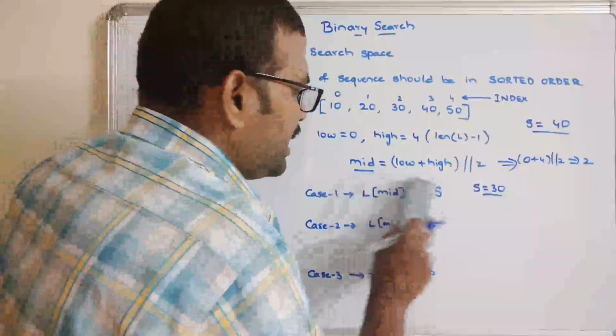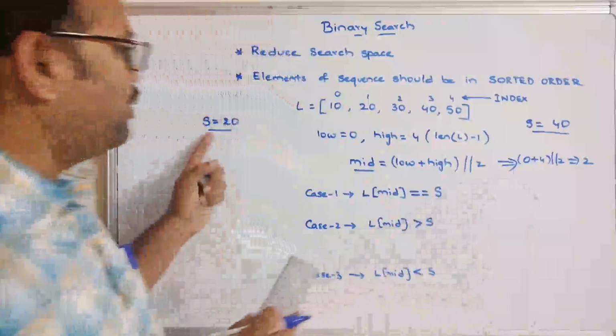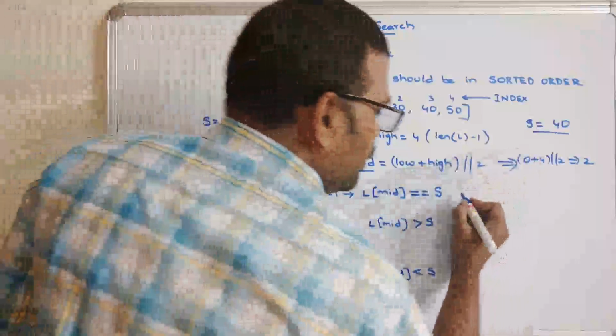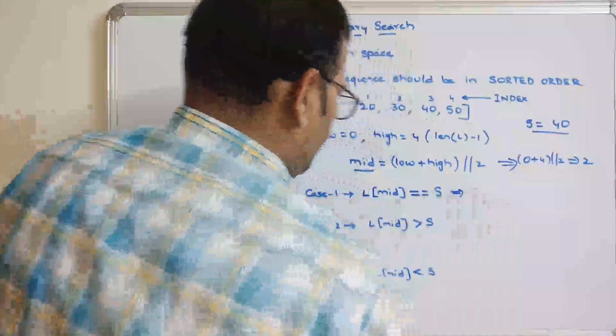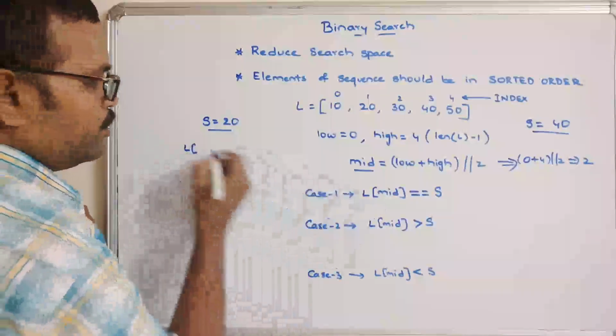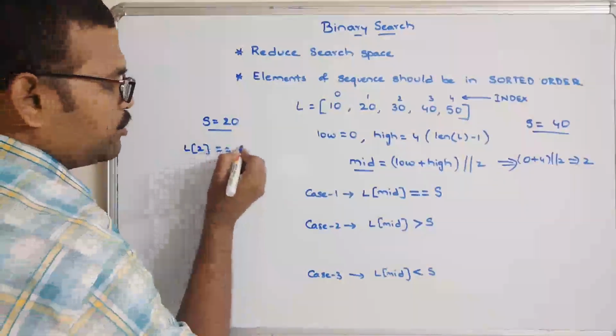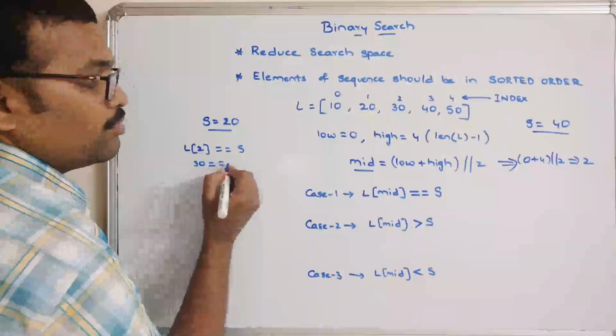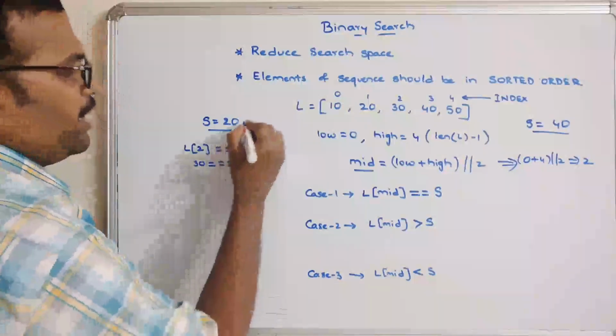Now the case is S is equal to 20. What happens here? L of 2 is equal to S? That implies 30 is equal to 20, since we are taking 20 here.